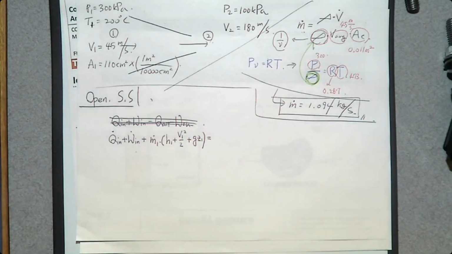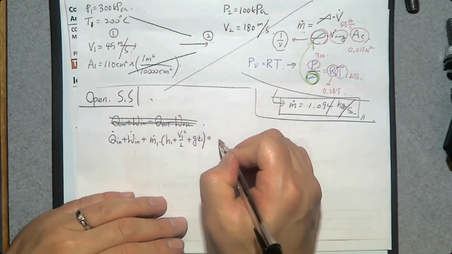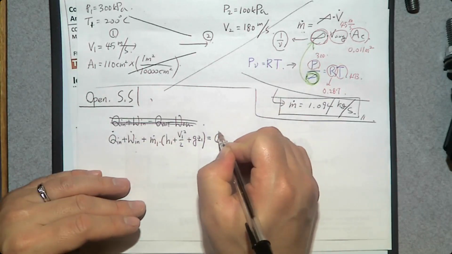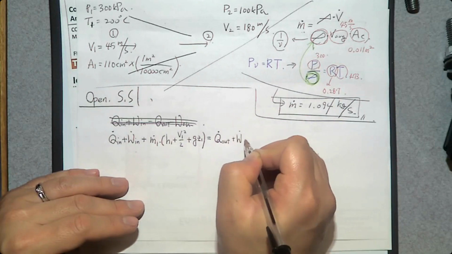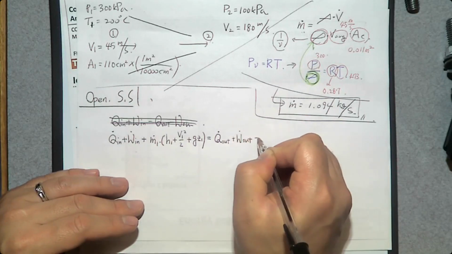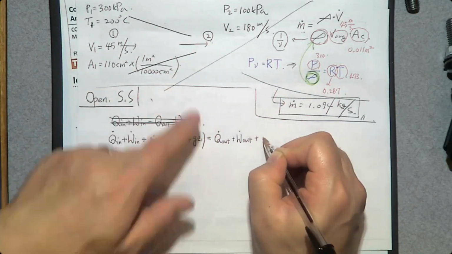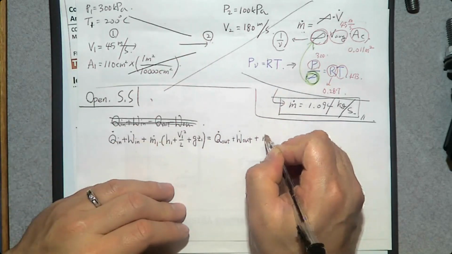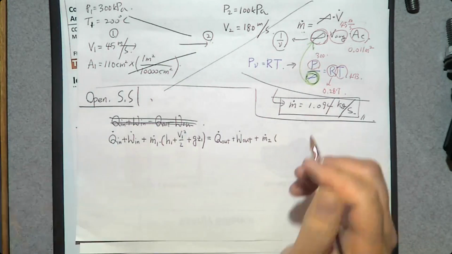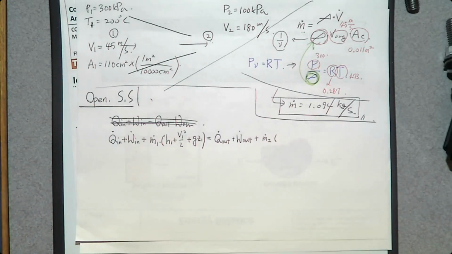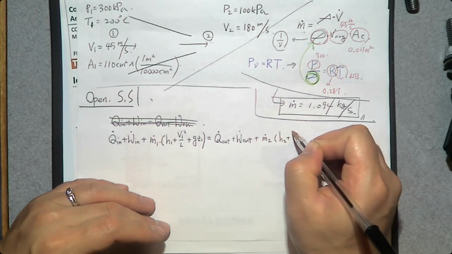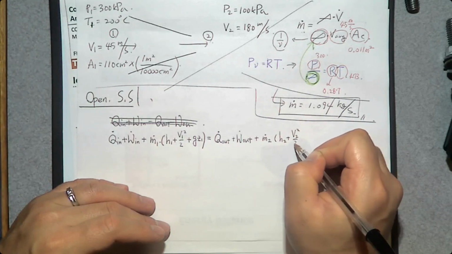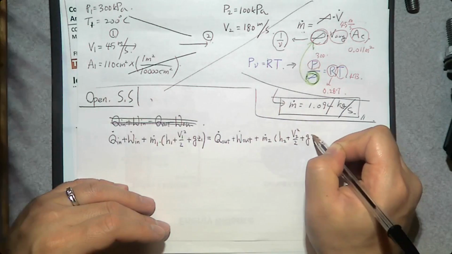It's going to be the same as energy transfer out of this control volume: first heat transfer, and energy transfer by work, and mass transfer at the exit number 2, m dot 2. This one also has three forms of energy: specific enthalpy, specific kinetic energy, and specific potential energy.